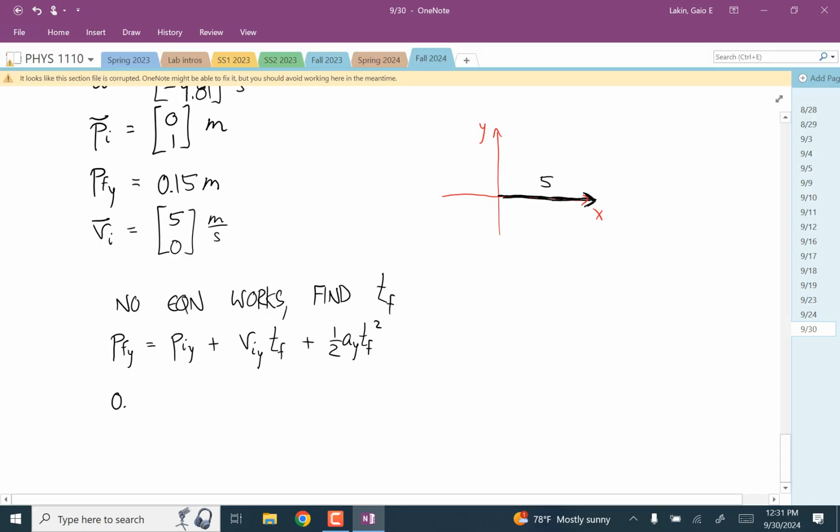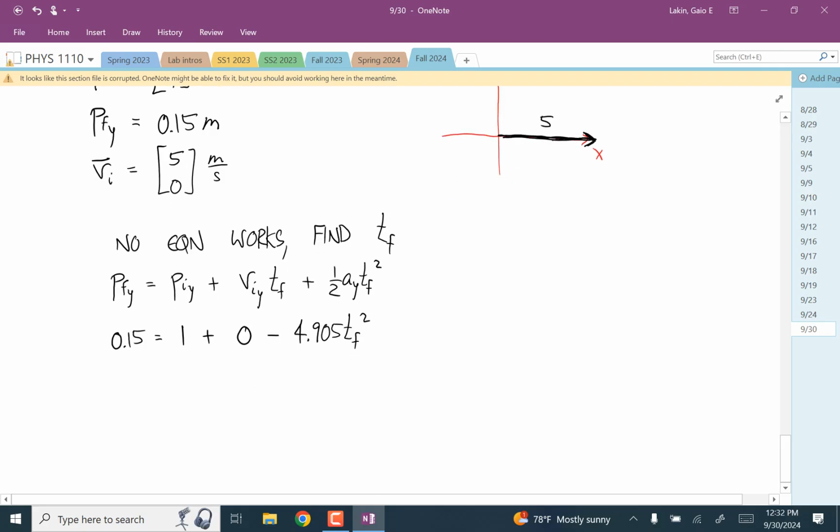So 0.15 is equal to 1 plus 0 times tf, which is just 0, minus 4.905 tf squared. We don't have to use the quadratic formula for this because of the zero term in the middle. So we can just use the square root for this.